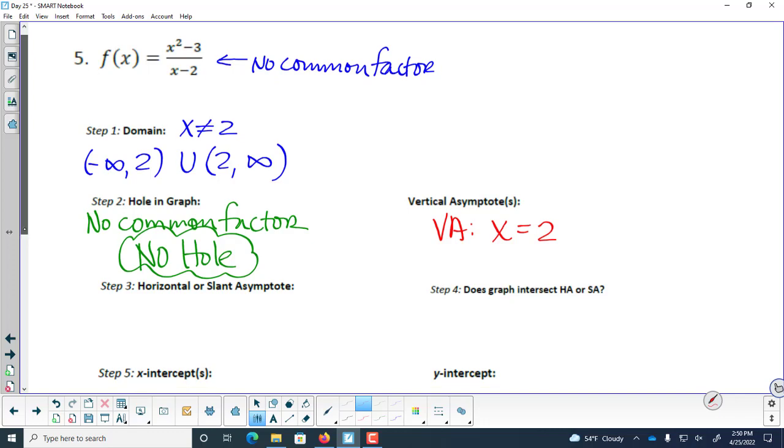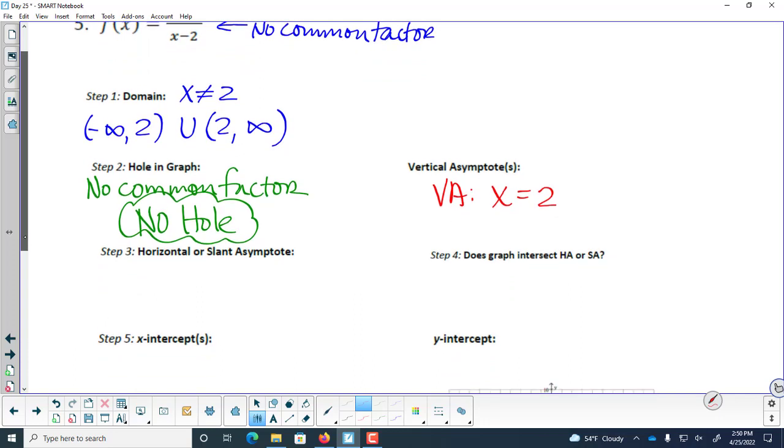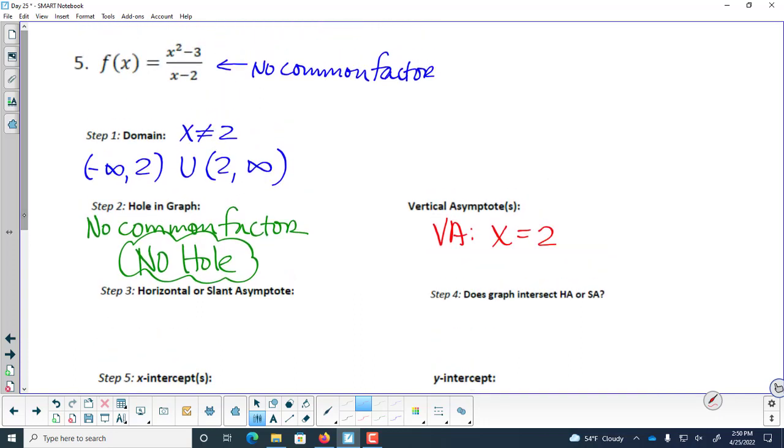Now for the horizontal or slant asymptote, compare the degrees of the top to the bottom. Do I have a horizontal asymptote? No. Why? Because the degree of the top is bigger. Only when it's smaller or equal do we have a horizontal.